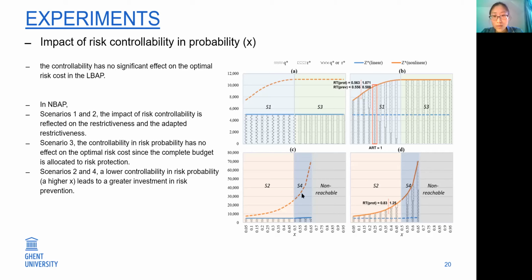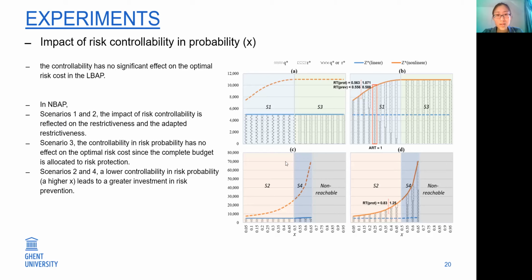The line curve depicts the optimal risk response cost, and the bar chart means the optimal budget amount allocated to each risk response strategy. The left part of this figure shows the optimal budget allocation decisions in the linear setting, and the right part shows the budget allocation decisions in the nonlinear part.